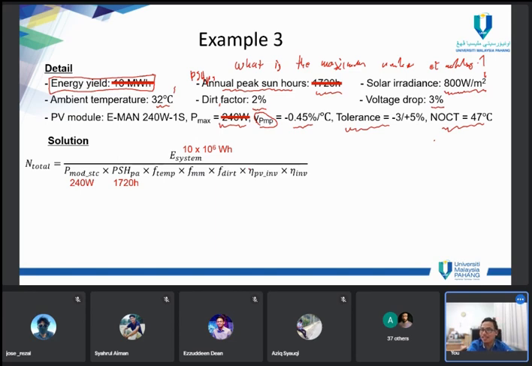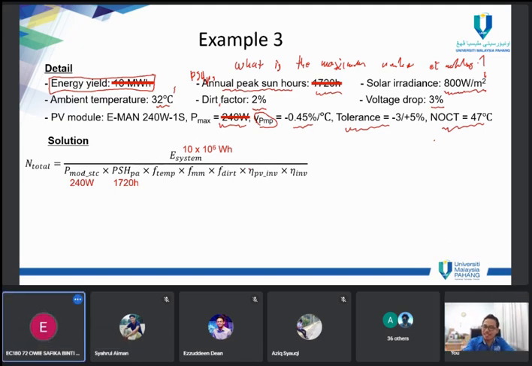F-Temp. Owi Safika. F-Temp macam mana? 32 degree Celsius ke doktor? Apa? Ulang balik? 32.